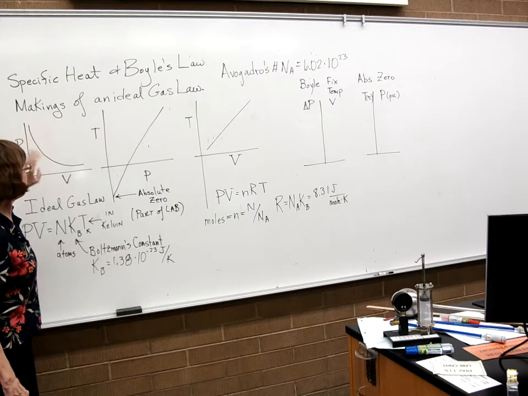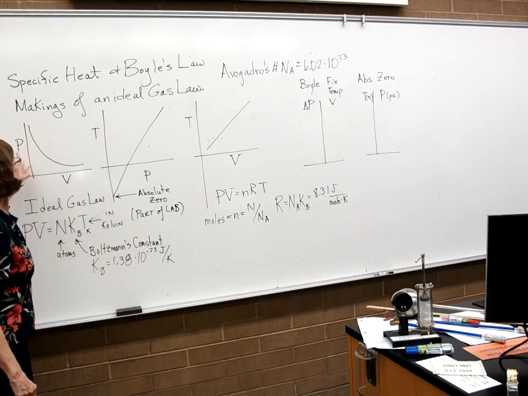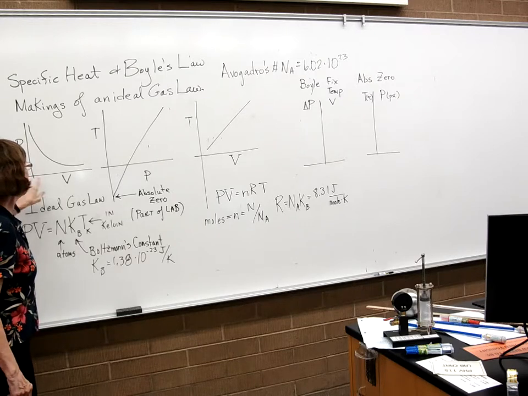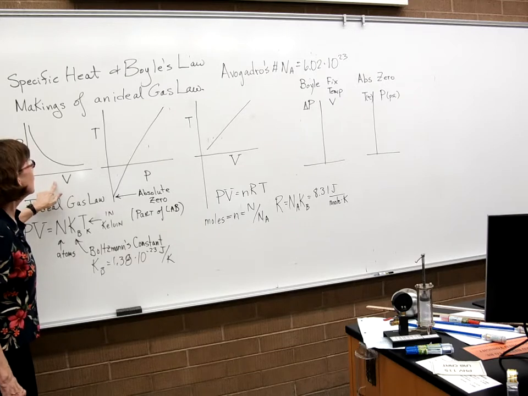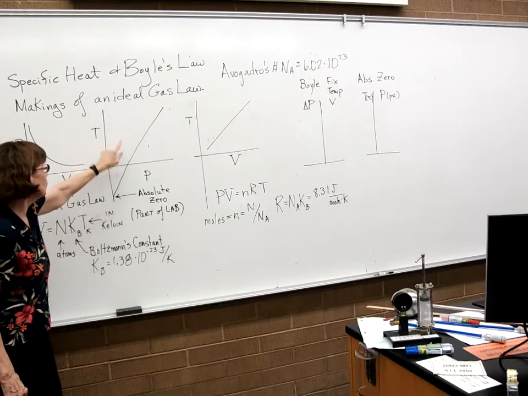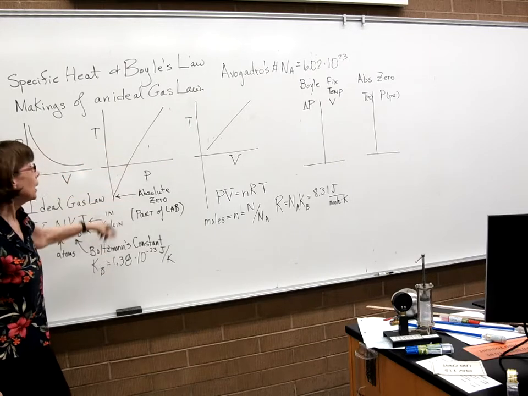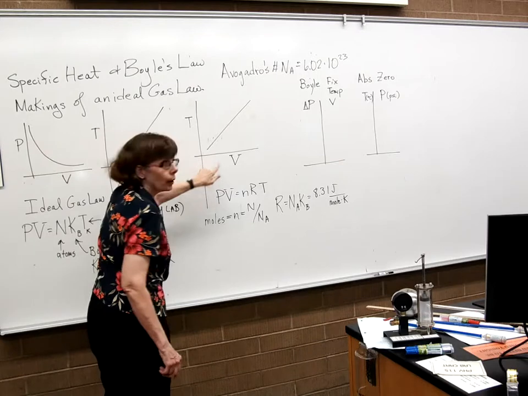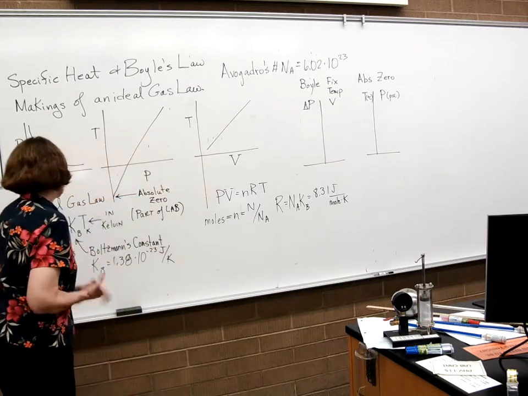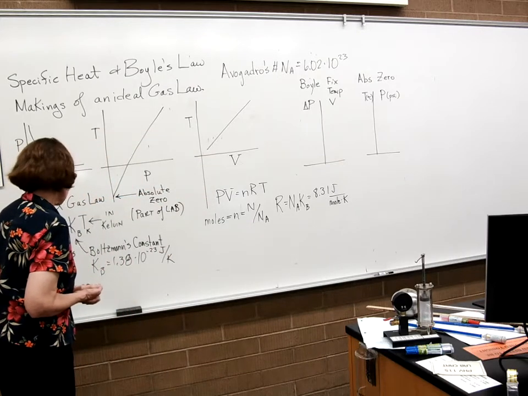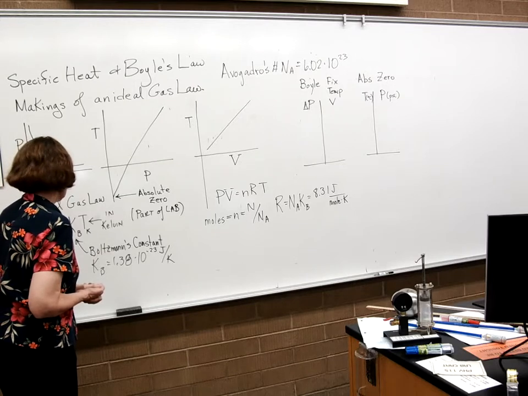So, they found out that pressure changed inversely with volume, that temperature changed directly with pressure, and that temperature changed directly with volume. And they wanted to put all this together into some kind of coherent law.